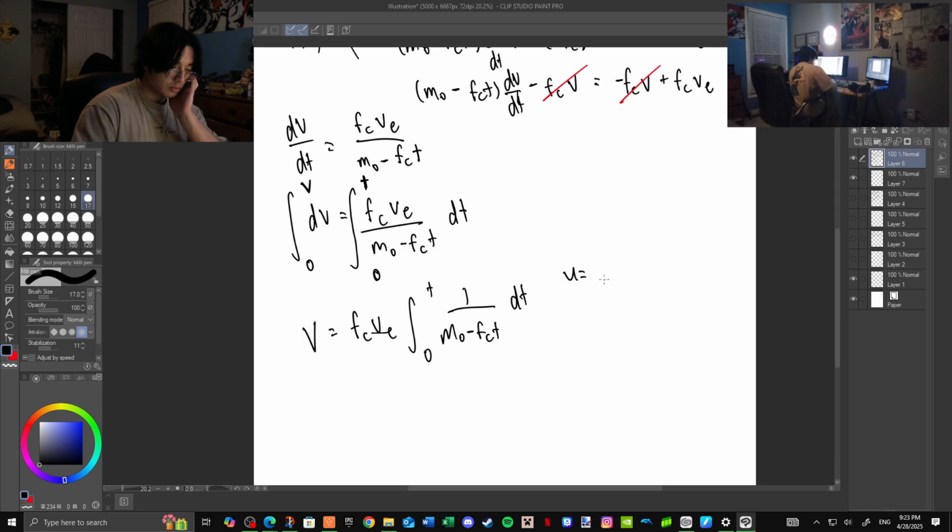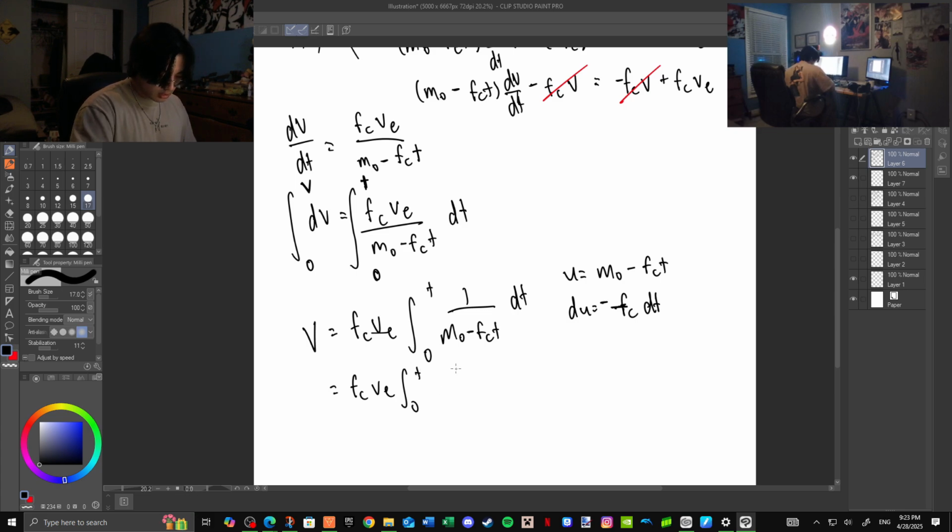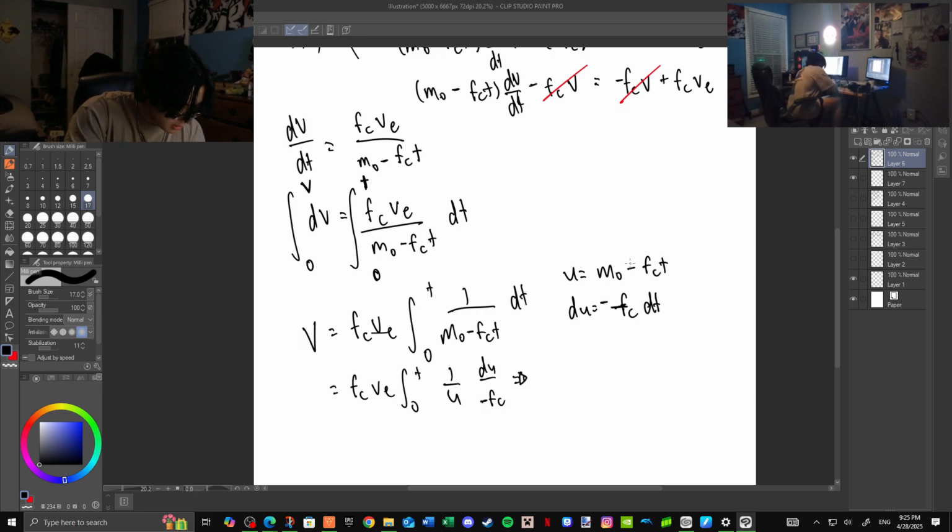U in this case would just be m naught minus fct, and du would be negative fc times dt. So we do this, fc ve, 0 to t, 1 over u, and dt would become du over negative fc.